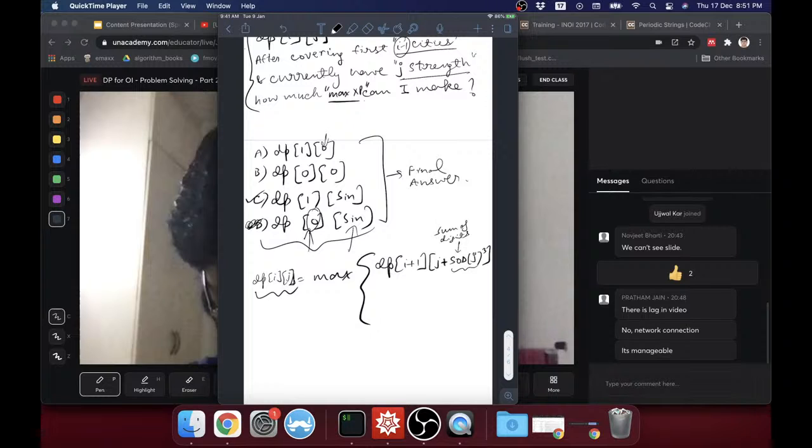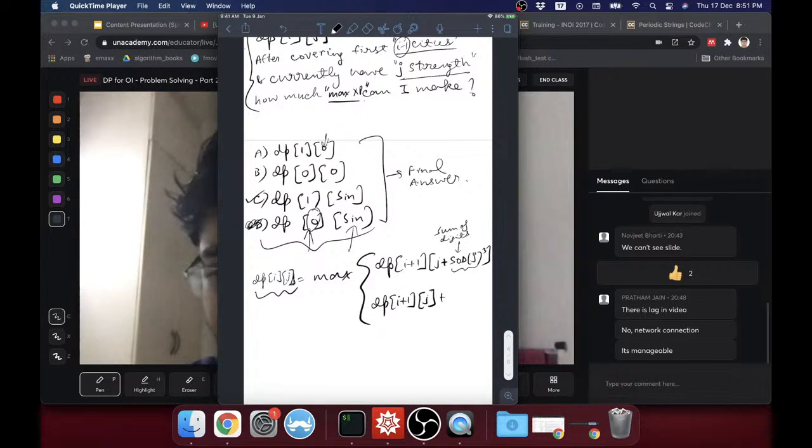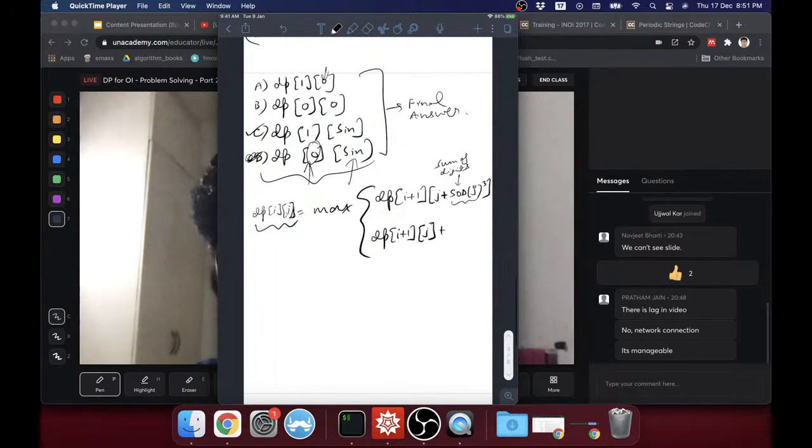The other option is, I go to the next city, but I have actually battled at the current city. When I battled at the current city, how much experience did I gain? Option A, 0.